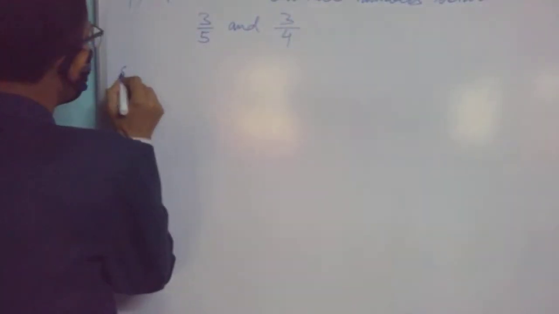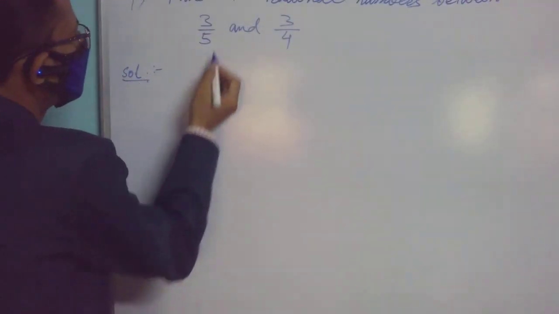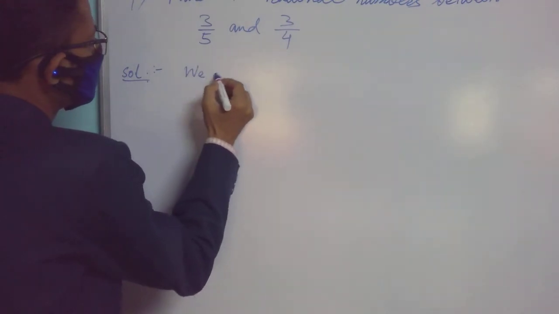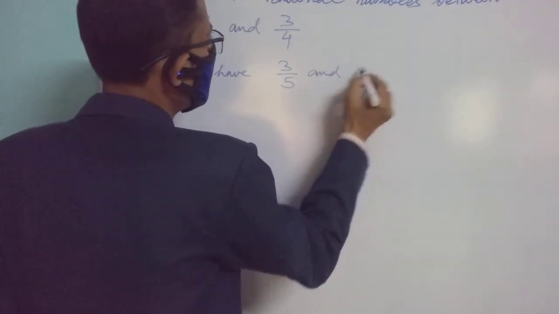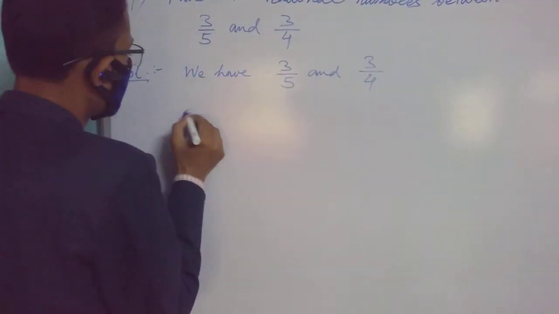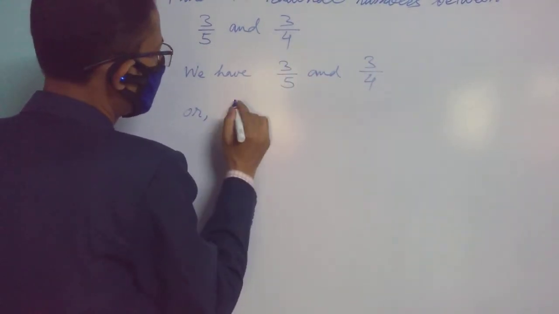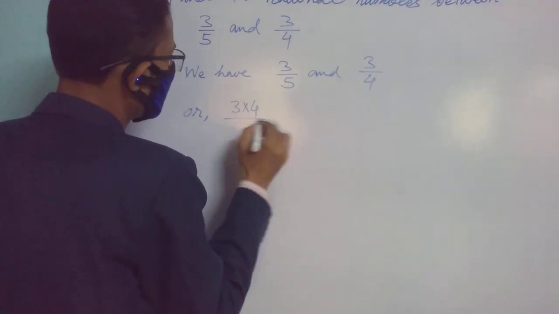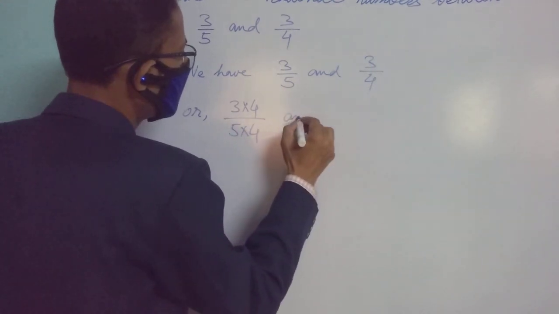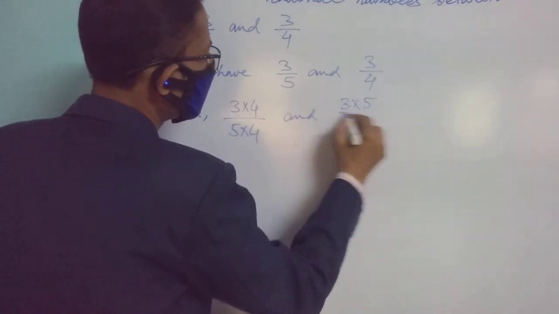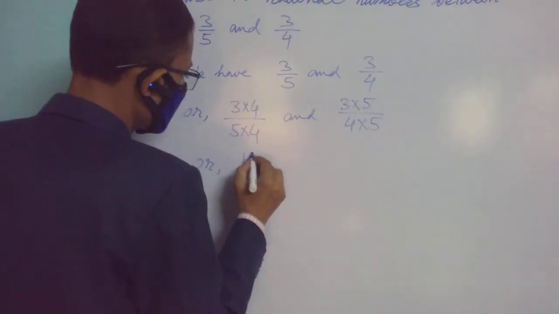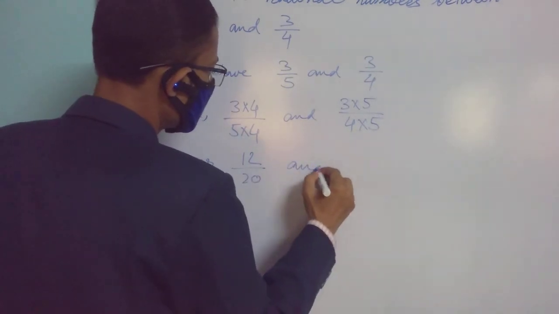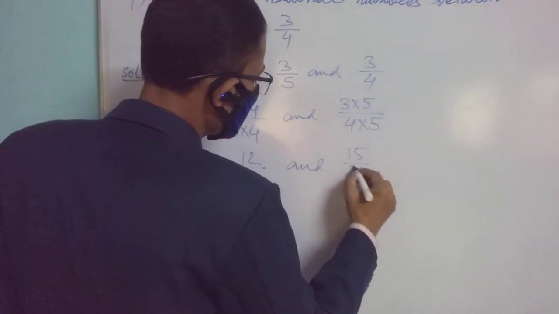Now here, let us make the denominators equal first. So we have 3/5 and 3/4, or 3 into 4 by 5 into 4, and 3 into 5 by 4 into 5, or 12 by 20 and 15 by 20.